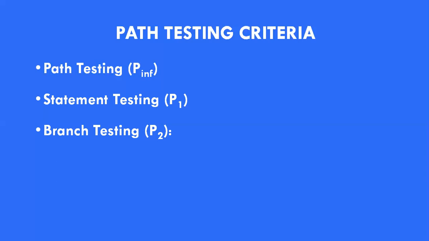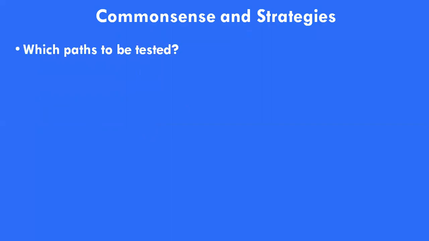Some practical suggestions in path testing: we have to draw the control flow graph on a single sheet of paper, and we have to make several copies, as many as we need, so that we can cover C1 plus C2 and several more tests.